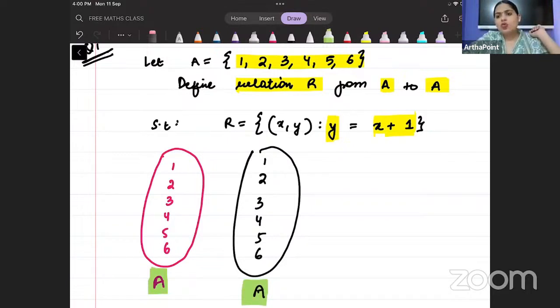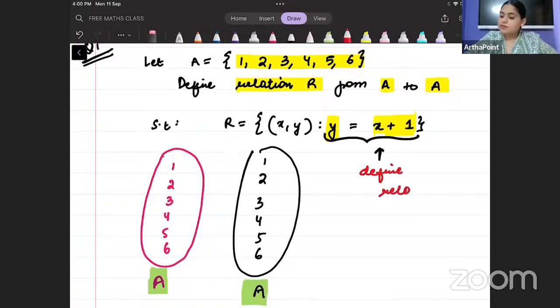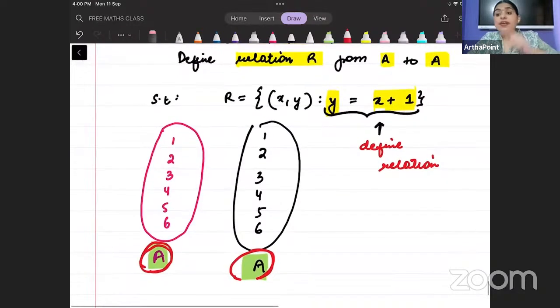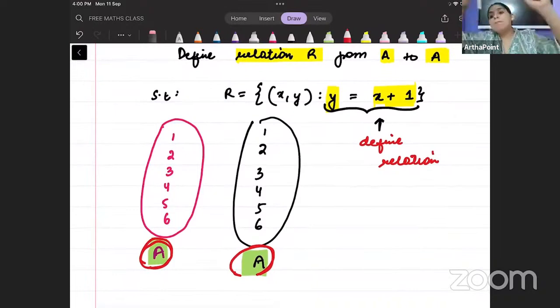Now if I show A on both sides, what does it mean? This is used to define your relation. Here I write A, here I write A, but which number is to be mapped to which?